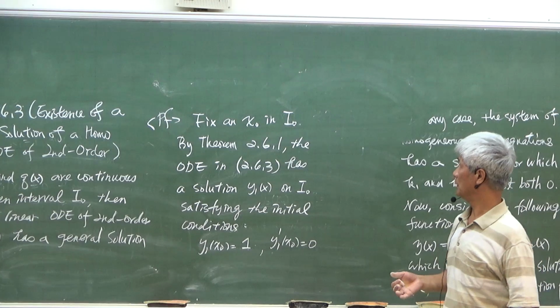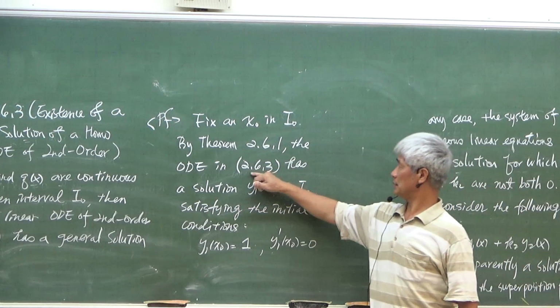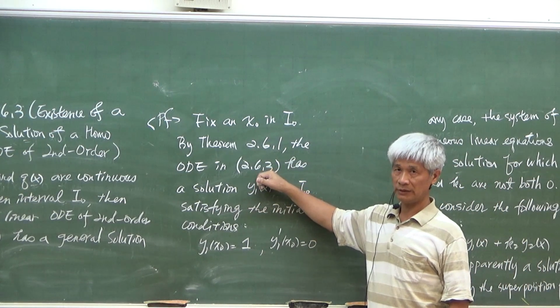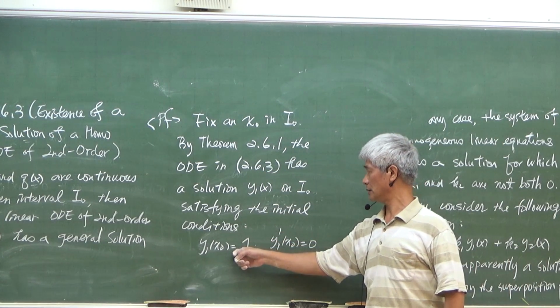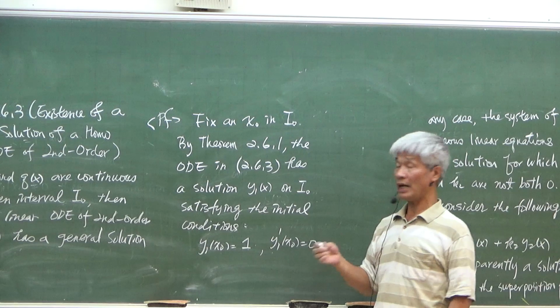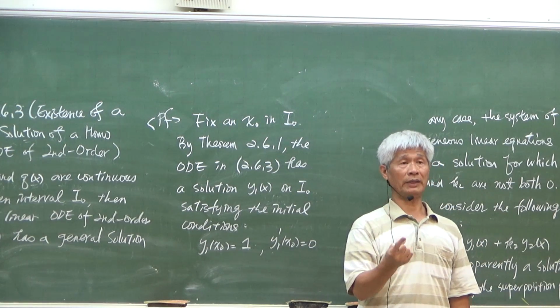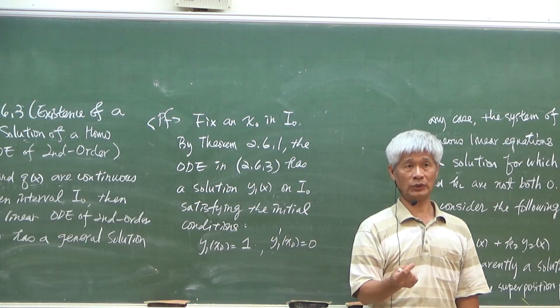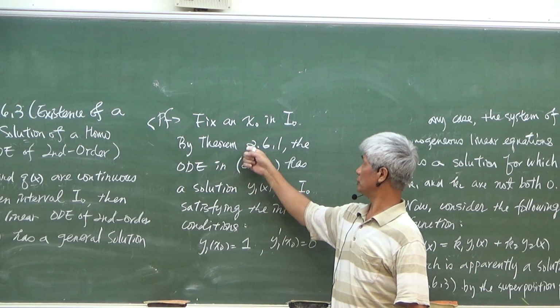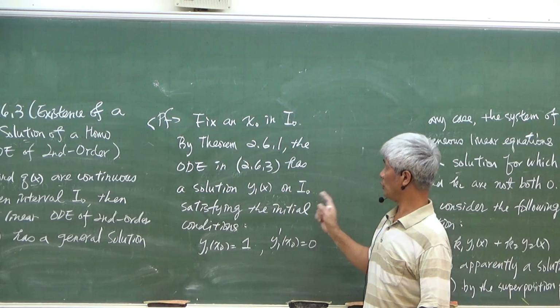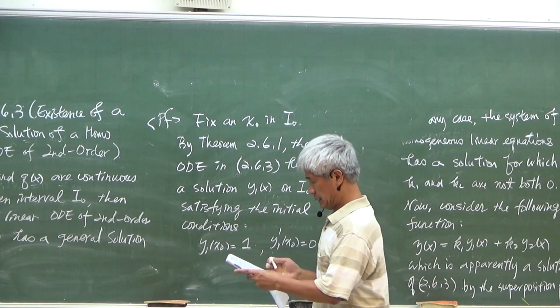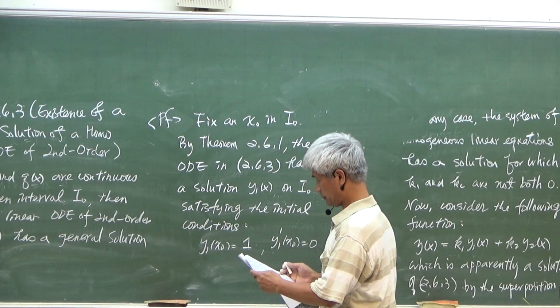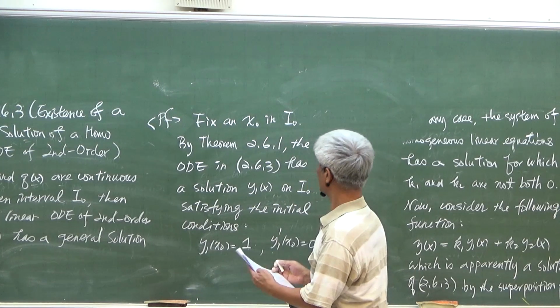So for this homogeneous linear ODE of second order, together with two initial conditions at x0, we have one and only one solution. This is from theorem 2.6.1. And we call this solution y1(x).